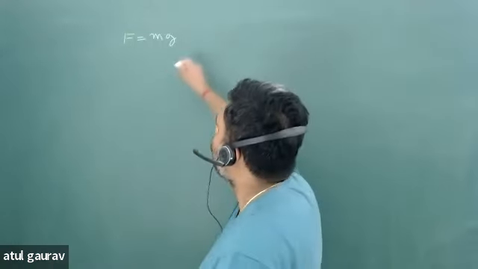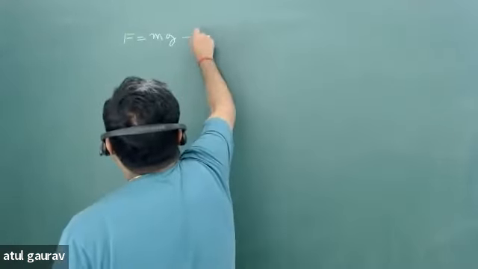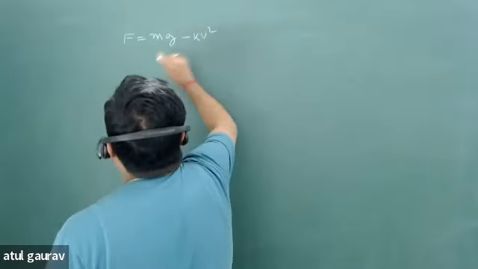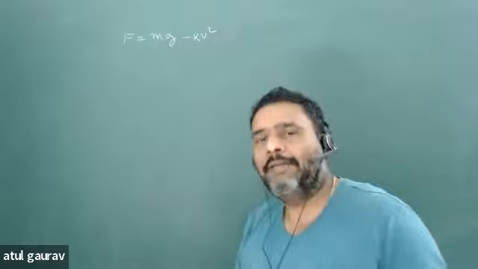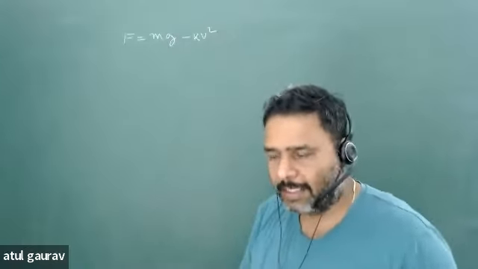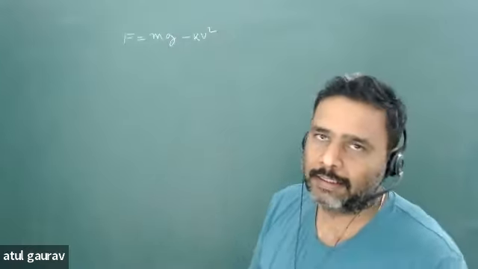And what is that resistive force? It is nothing but minus kV square kind of resistive force. So this is strong resistance. Last time we had just linear resistance, but here we have very strong resistance.